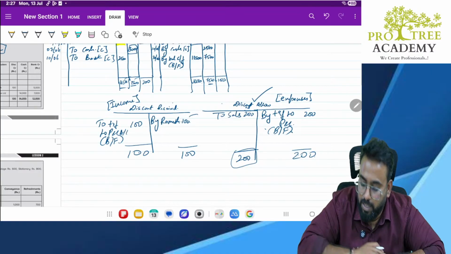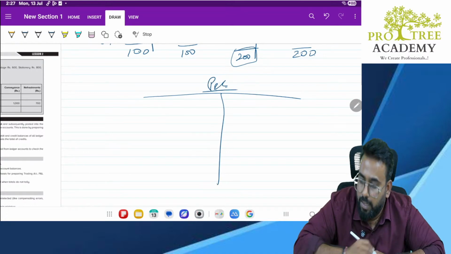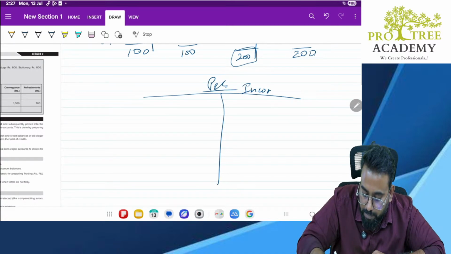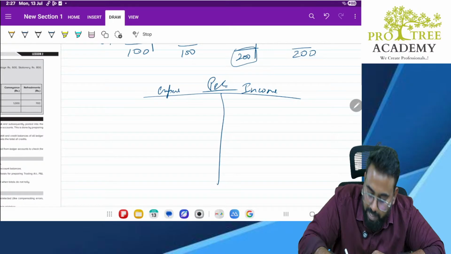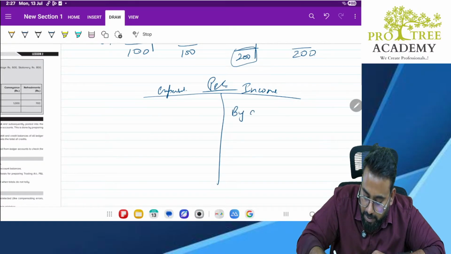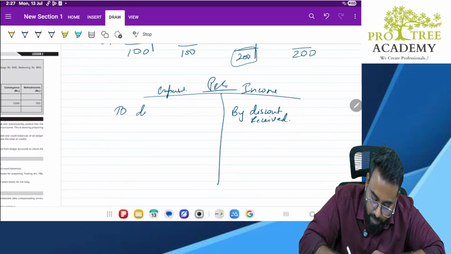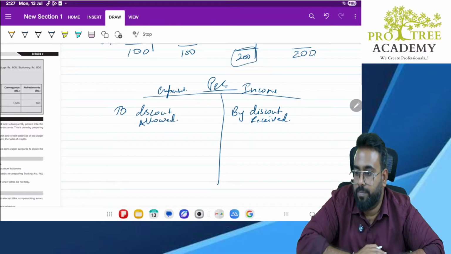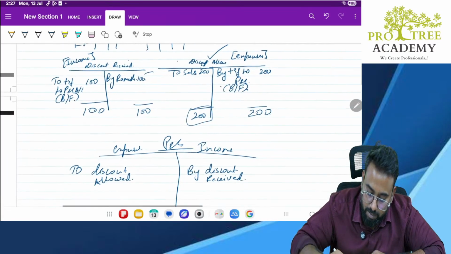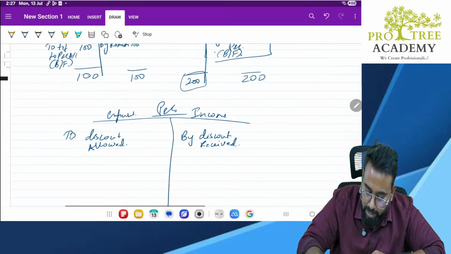Everybody is following? So if you open your P&L account, this side will be income, this side will be expenses. Correct? So by discount received, to discount allowed, by transfer to P&L.